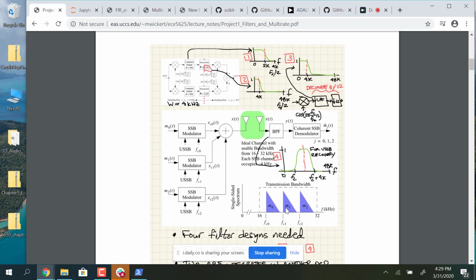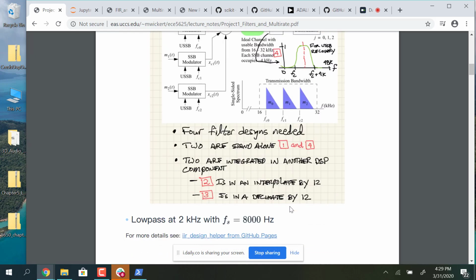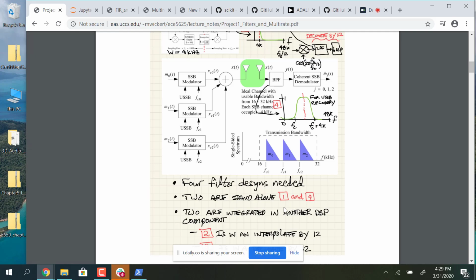Depending upon how much effort you put into your filter design, you'll hear it a little bit anyway. And I don't want you to put an extreme effort into the filter design. I want the filter designs to be as minimal as possible. The objective is not to over-design your filters, because in a real system you just can't do that. You have to do what you have to do.